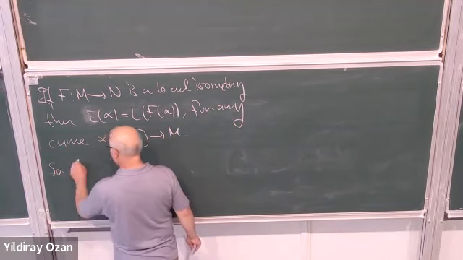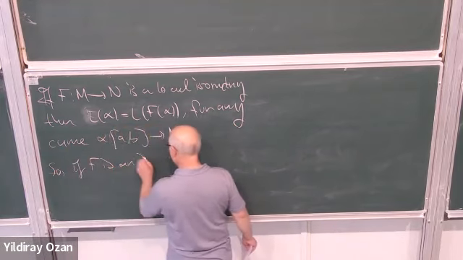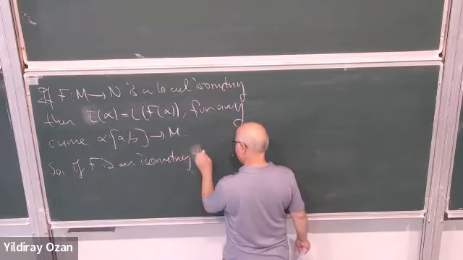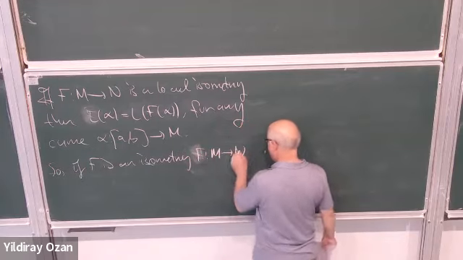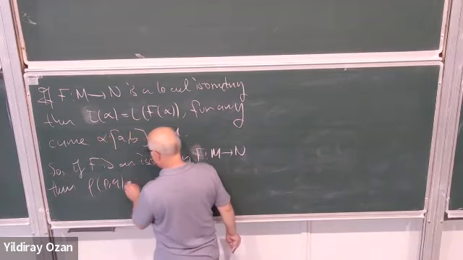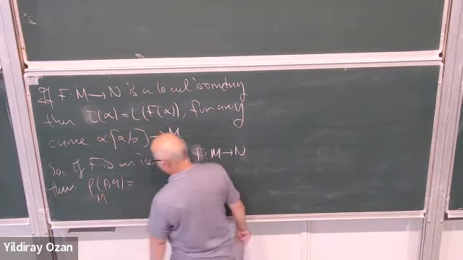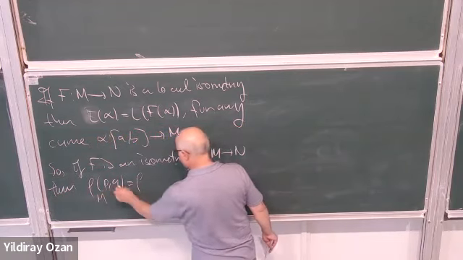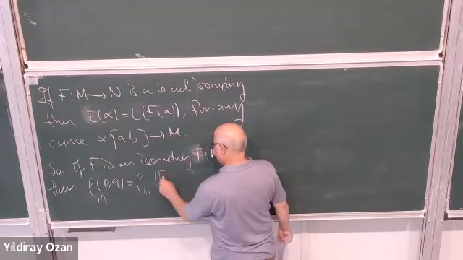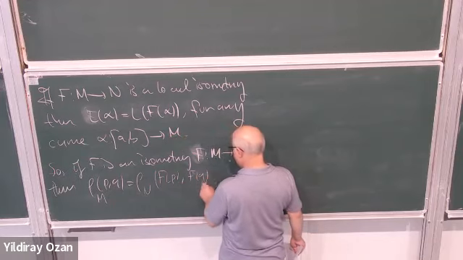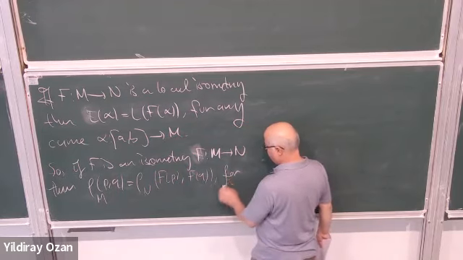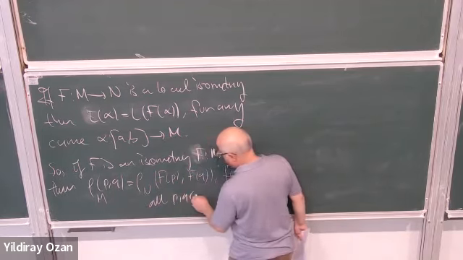So if it is an isometry, then the distance between two points on the surface M and the distance between their images are the same for all P, Q in M.